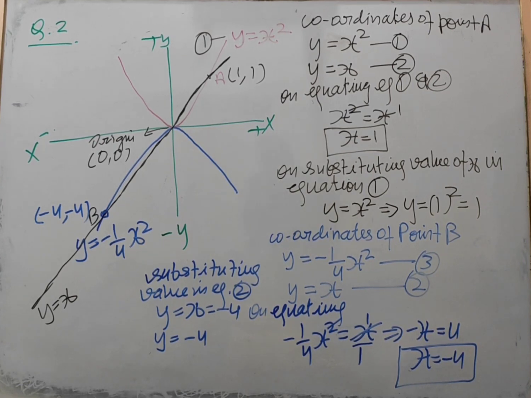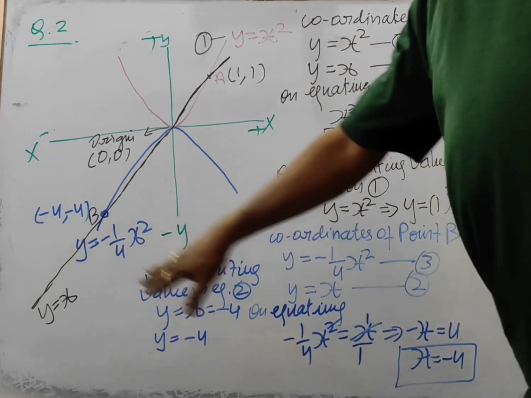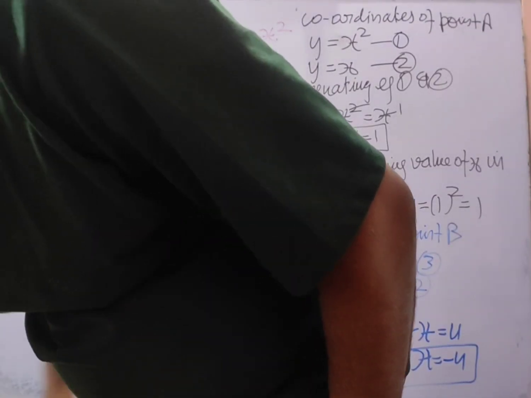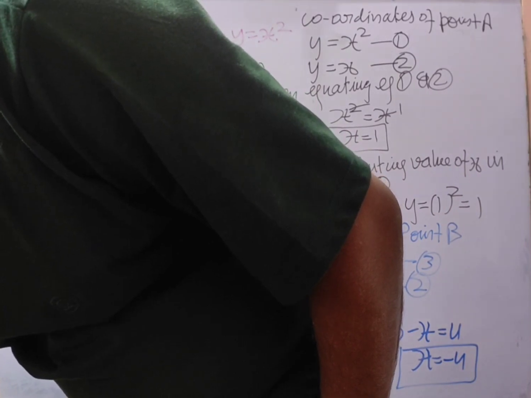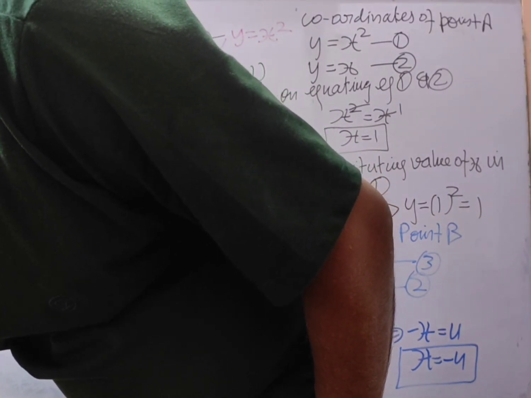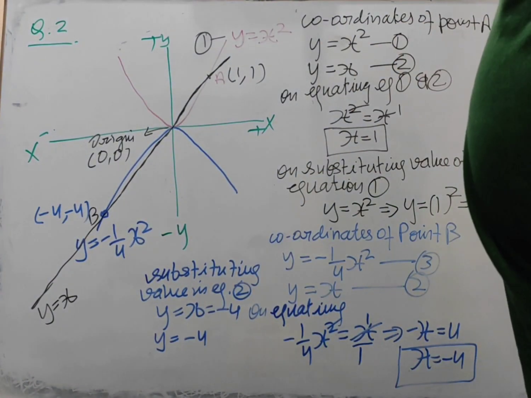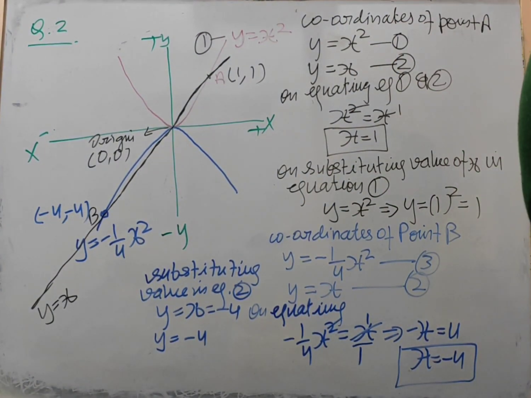So now what we have to find? So we get the coordinates of point A 1 comma 1, B -4 comma -4, right? So what we have to find here again? Again we do the same thing, we have to find the length of line OA and OB, right?